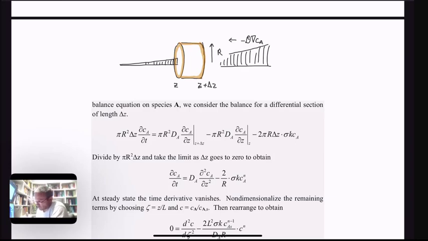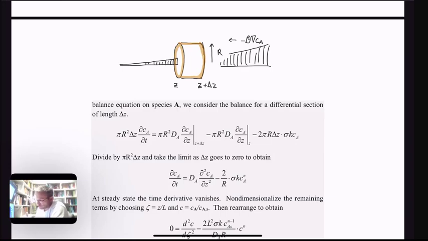We have a volume pi r squared delta z, and it's accumulating species A at a rate given by that volume multiplied by the derivative of the concentration with respect to time in that region. Then we have a flow into that region at z plus delta z.